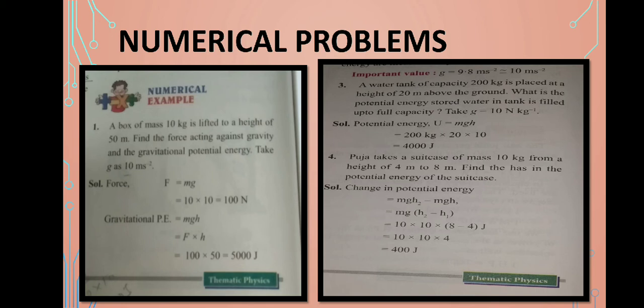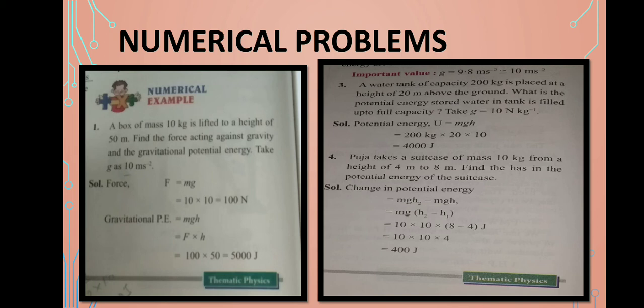So force formula is F is equal to mg. m is given, g is given. So it comes to be 10 into 10, 100 newtons. And gravitational potential energy formula is mgh. Mass is given 10, g is given 10, and height is given 50. So it comes to 5000 joules.